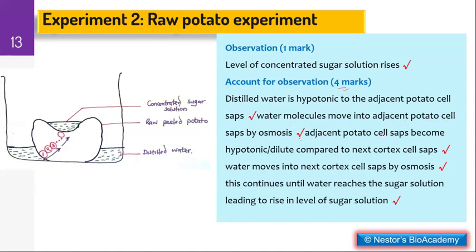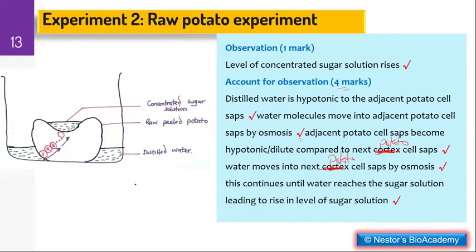Consequently, the adjacent potato cell sap becomes hypotonic or dilute compared to the next potato cell sap. So water moves into the next potato cell sap by osmosis, and then this continues until water reaches the concentrated sugar solution, leading to rise in the level of the sugar solution.